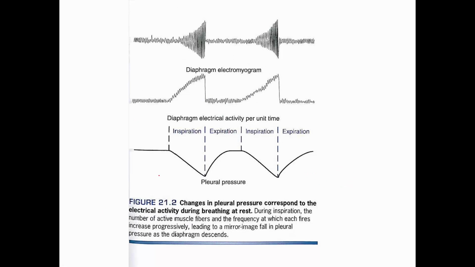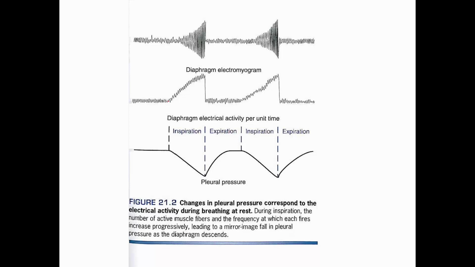And here's an interesting diagram showing you an electromyogram of what's going on in the diaphragm versus intrapleural pressure. So remember, intrapleural pressure is negative, and it gets more negative, and then it goes back to its relatively negative value. Then it gets more negative, then it goes back to its relatively negative pre-inspiratory level.